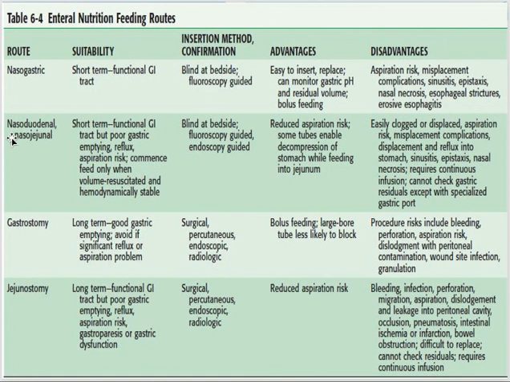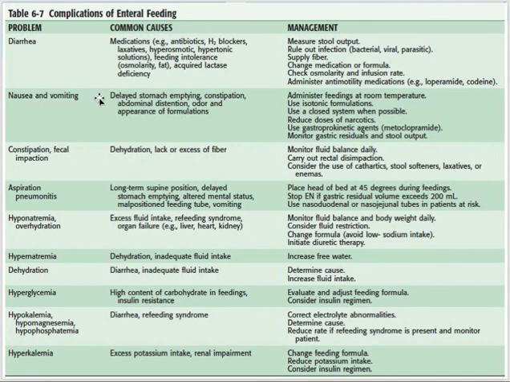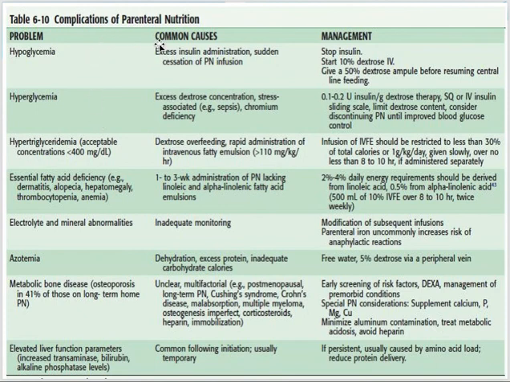Now I really don't remember where I took the slides from, but you can see over here enteral feeding, nutritional feeding routes: nasogastric, nasoduodenal, nasojejunal, gastrostomy, jejunostomy, their insertion method, advantages, and disadvantages. Then there are complications of enteral feeding. You can see diarrhea, nausea, vomiting, their common causes and what management could be done. And then there are complications of parenteral nutrition, with their common causes and management given in this slide. So all the slides are there, right?